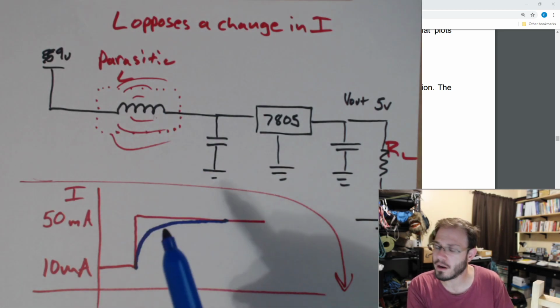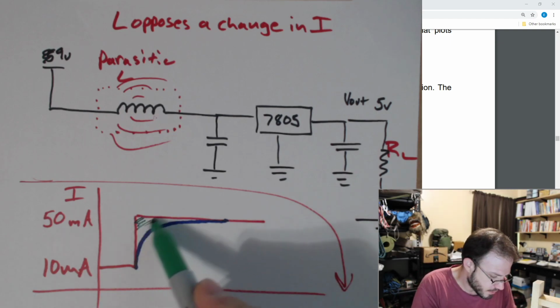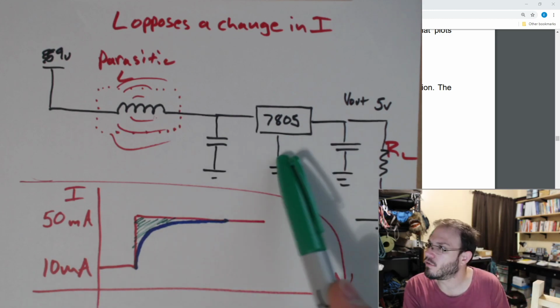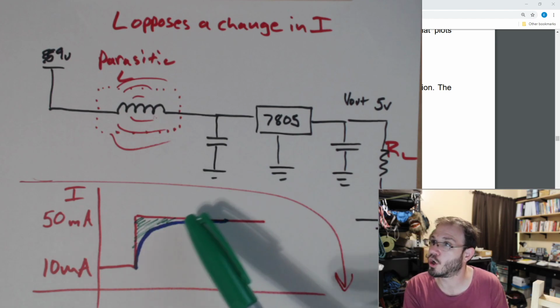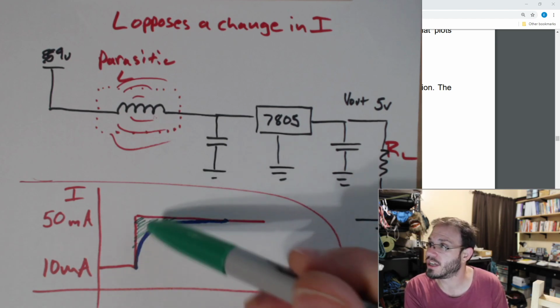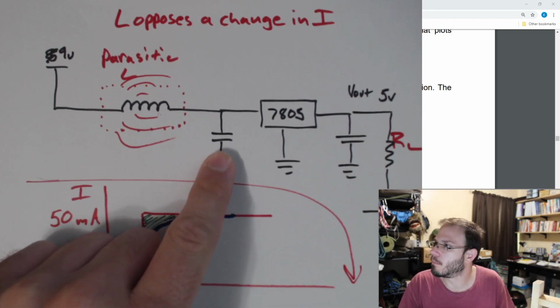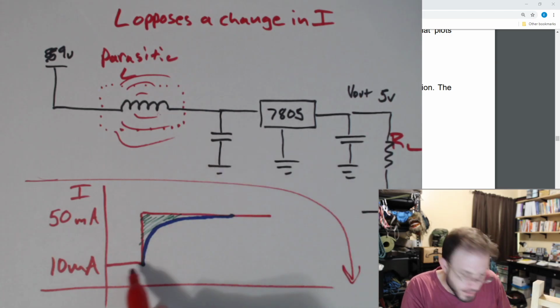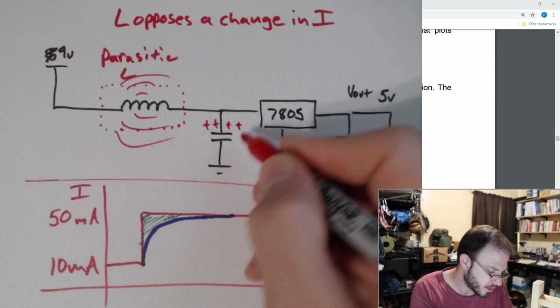Well, what we're doing here is we're just starving the device. And so the 7805 will not be able to operate if it's being starved for the current during these changes in current. So what we do is we add this nice little bulk capacitance over here so that when things are good and constant, it develops a charge.